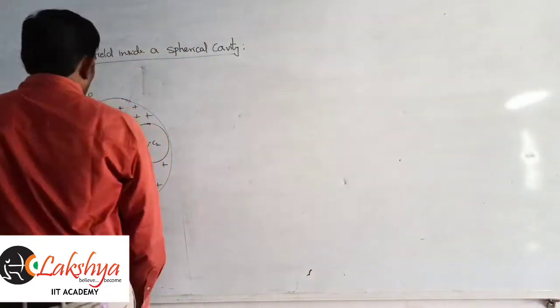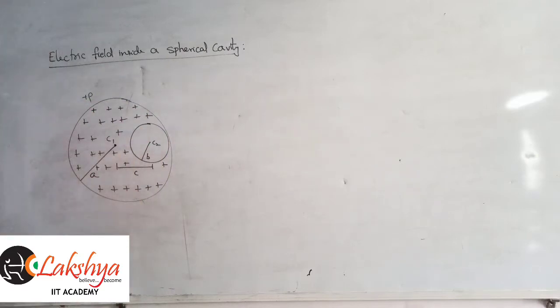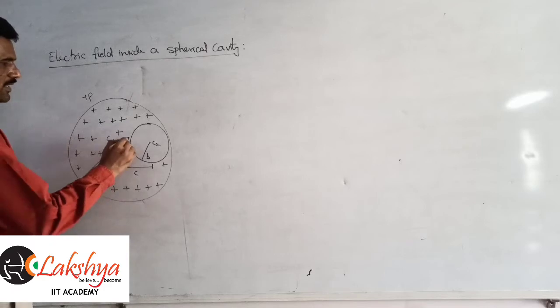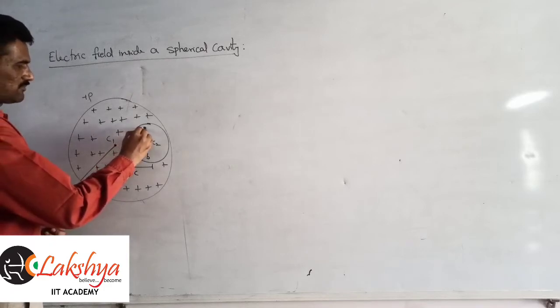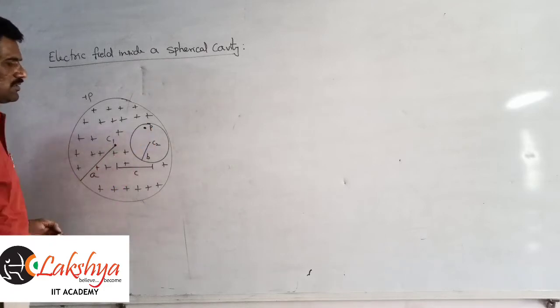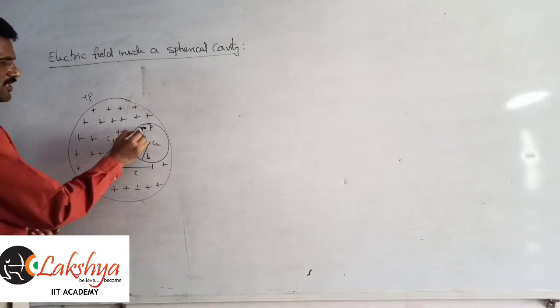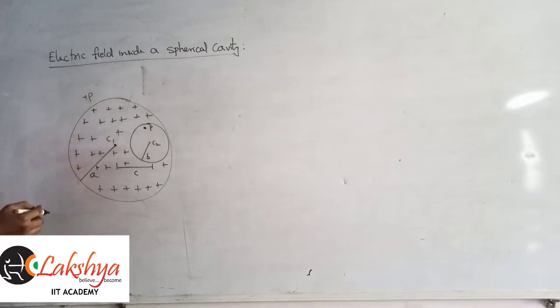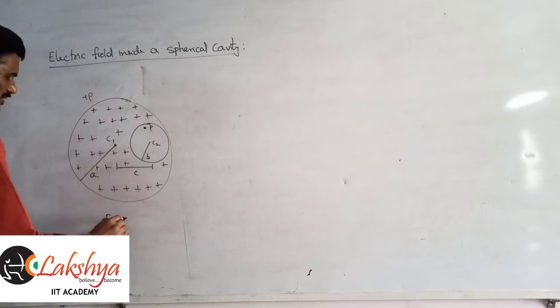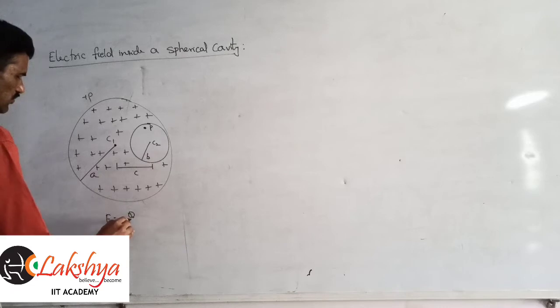We need to find the intensity of electric field at any point inside the cavity, let us say P. For this, we know the intensity of electric field inside the solid sphere at any point is q by 4 pi epsilon naught r cube into small r.